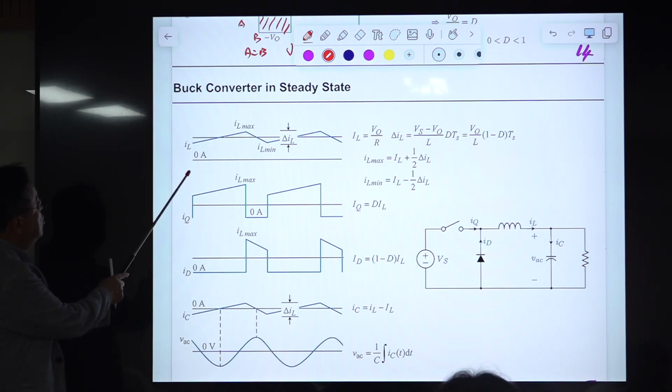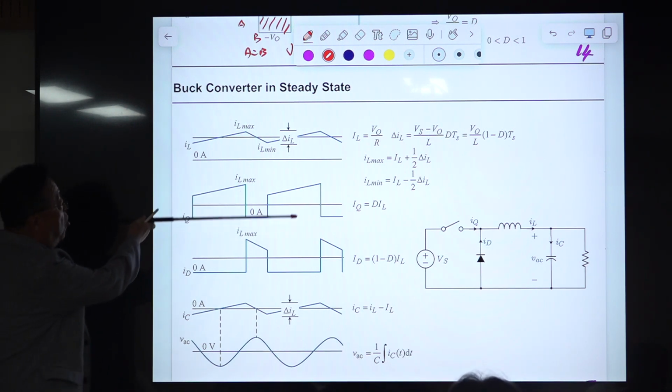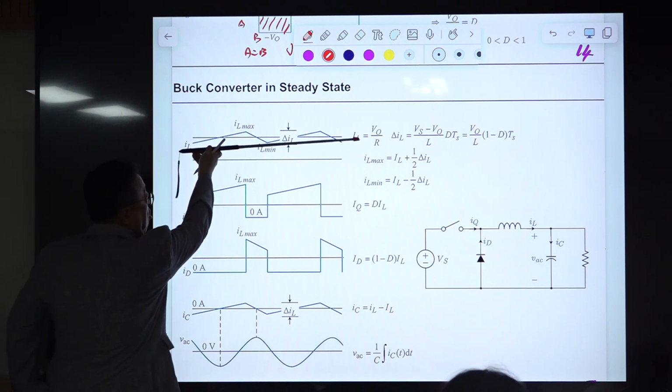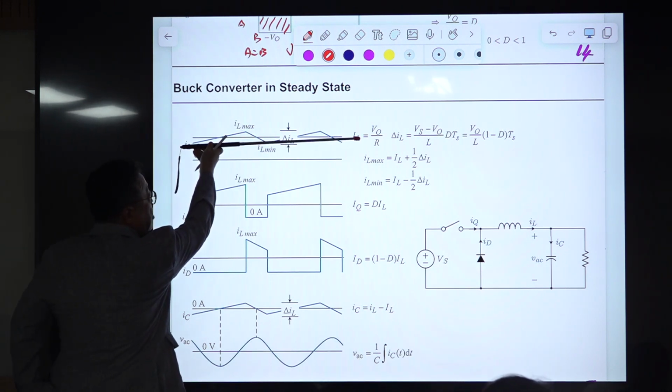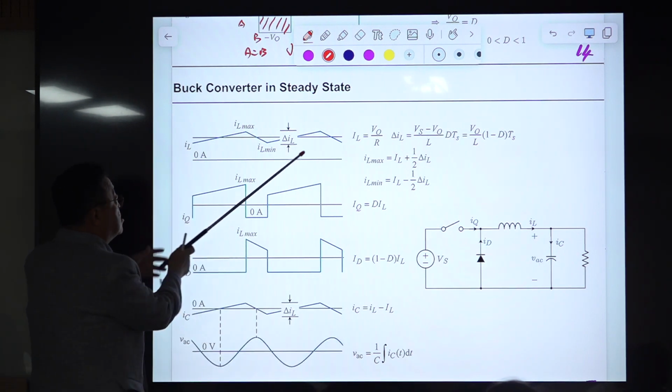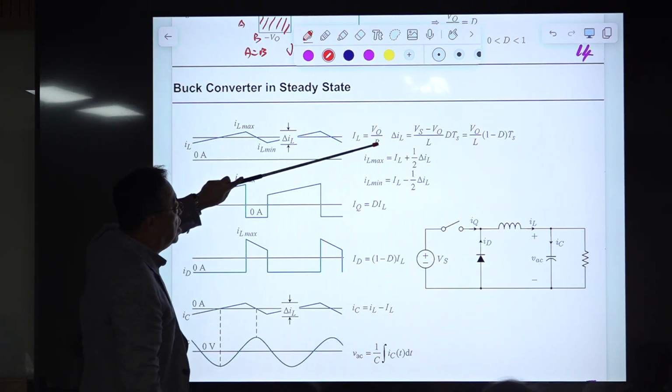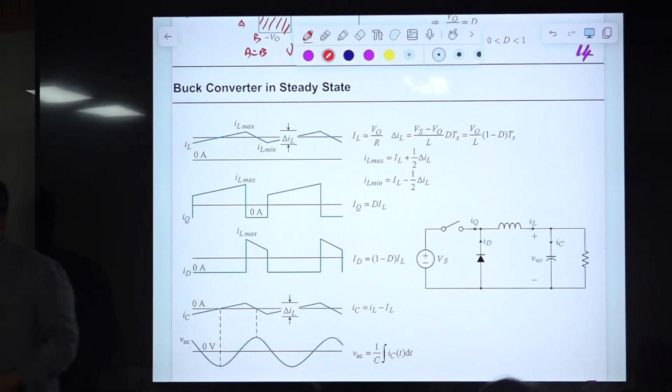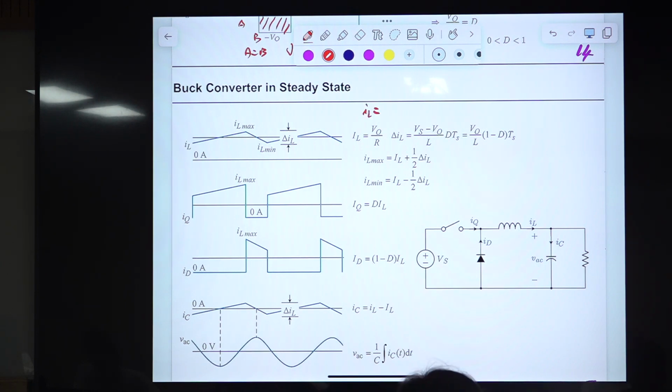This is the inductor current waveform. We know that the average value of the inductor current is the same as the load current. From the previous discussions, this average value is Vo divided by R. The inductor current expression is this one: when DC is applied across the inductor, this is the slope, and this is the time.